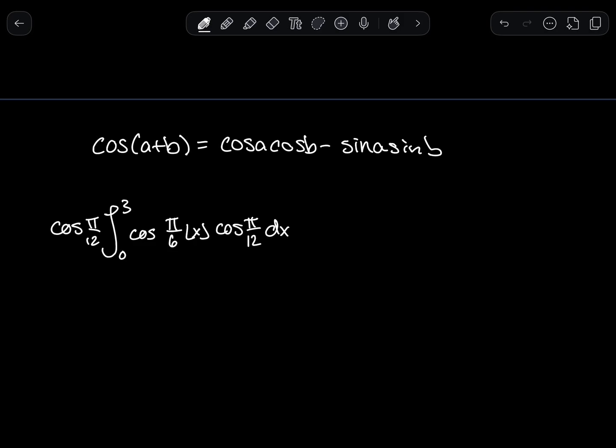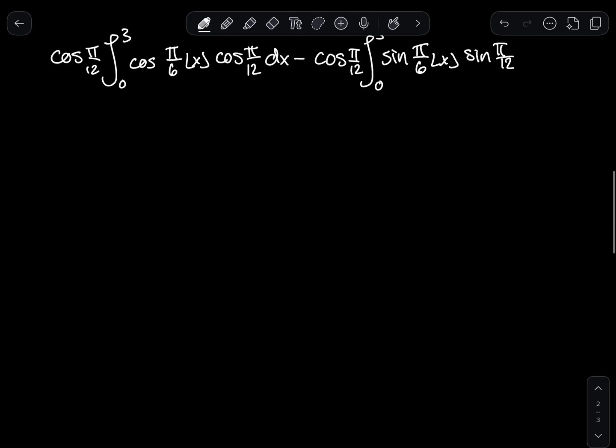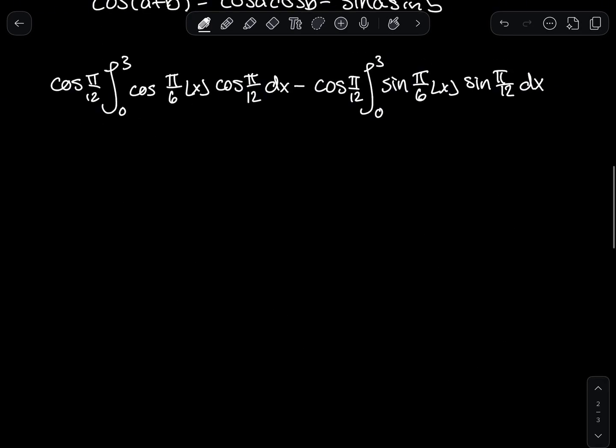Now I'm going to use the linearity of integral operators and separate this, and then we're going to have minus cosine of pi by 12 times the integral from 0 to 3 of sine of pi by 6 floor of x times sine of pi over 12, and then dx.